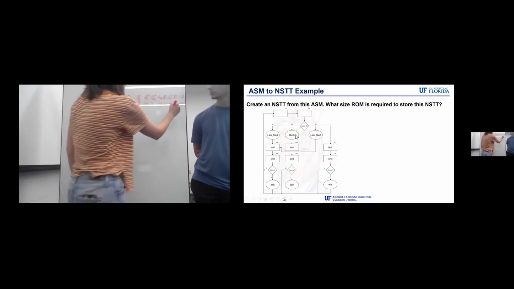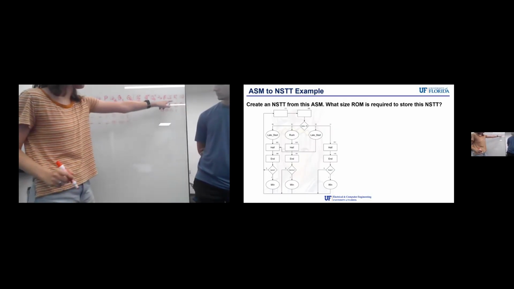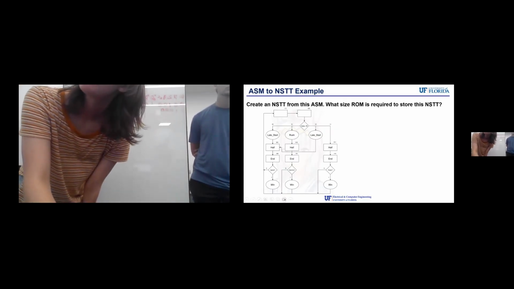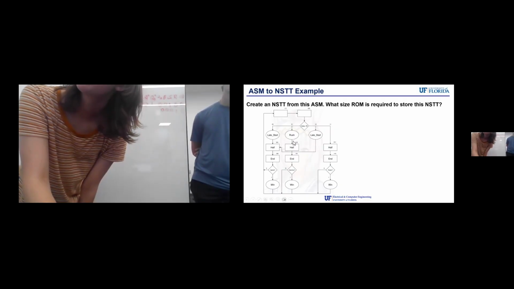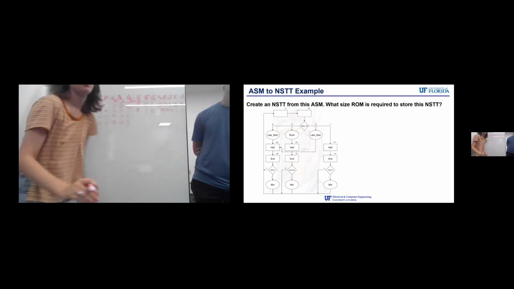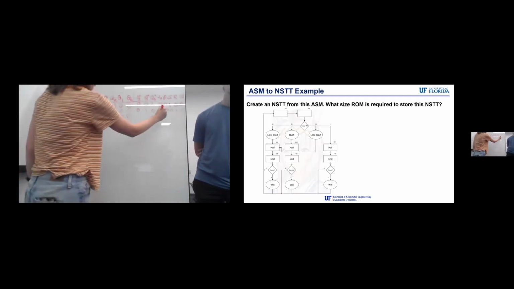Rush is true, nothing else is true. So you can see only the rush bit is here in the outputs. And then the next state we go to is 0, 1, 0. Let's say happy wit is 1, 0, then late start is also true.